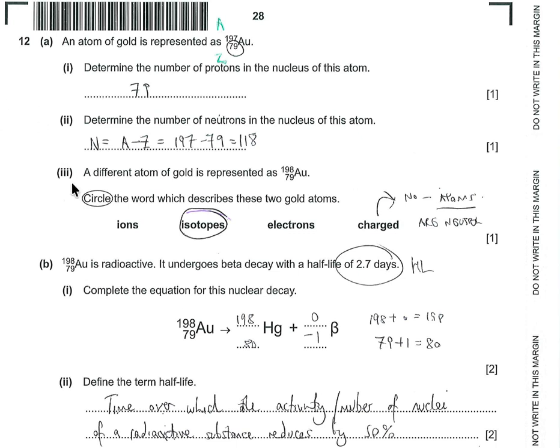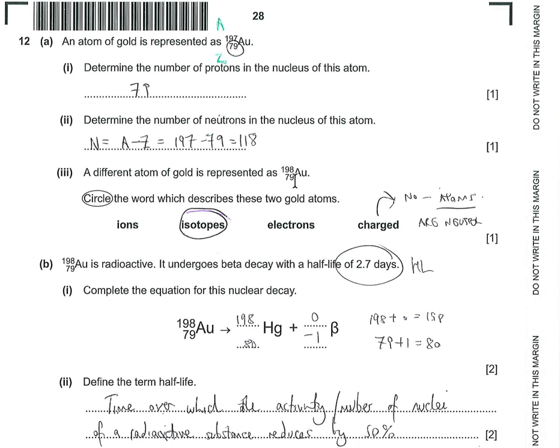Finally, in part A anyway, a different atom of gold is represented in this way. Notice we've got a different nucleon number. That's because there are more neutrons. And we're given words. You're very rarely in GCSE physics given a nice circle-the-word question. Here we go: ion, isotope, electron, and charge. Why have I gone for isotopes?